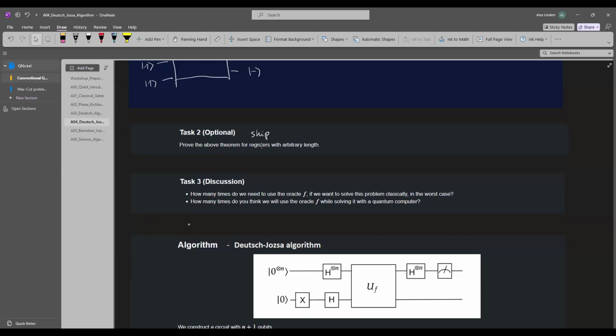So we're deciding whether the function f from 0,1 to the n to output 0,1 is constant or balanced.